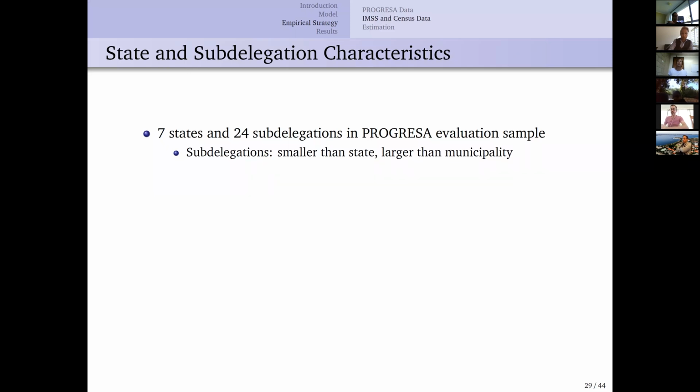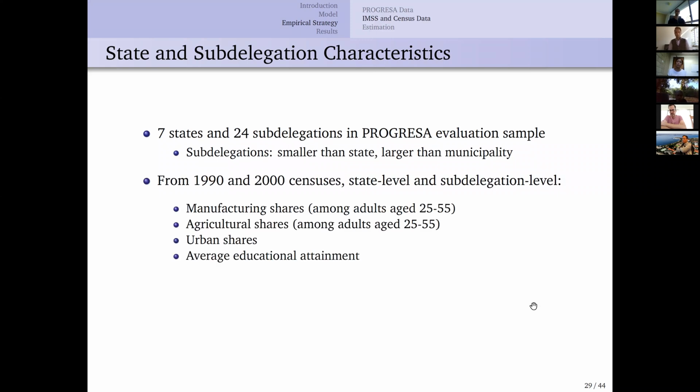So the reason we need something smaller than the state is obvious. We can't do much with 7 states. The reason we need something larger than a municipality is just a feature of the data. As it turns out, in many municipalities, you don't have enough variation across treatment and control. So you have lots of municipalities with only treatment or lots of municipalities with only control. So we need something larger than that.